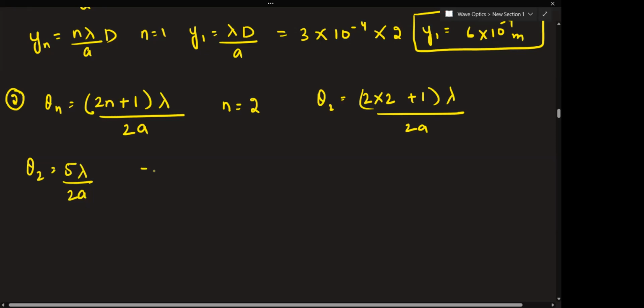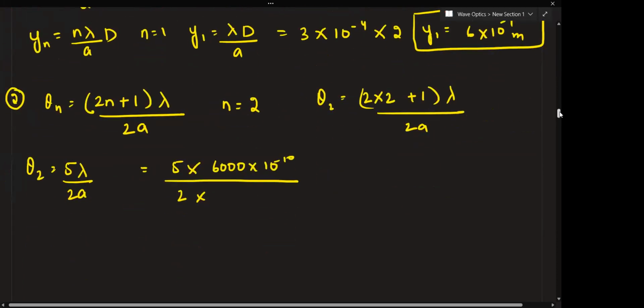Now see, rest of the things we are aware of. 5 multiplied by lambda, lambda is 6000 angstrom, divided by 2 multiplied by a, a is 2 millimeters, which is 2 into 10 to the power minus 3.